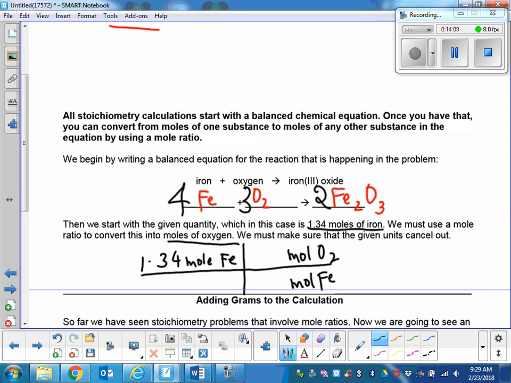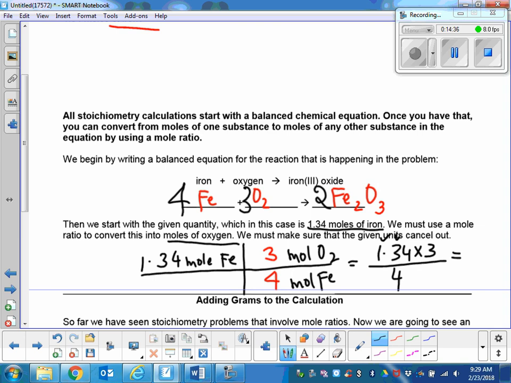When I switch substances, where do I get my numbers from? From the balanced equation, the mole ratios. Is that right? What is my number before iron in this case? 4. What is my number before oxygen in this case? 3. And what is my math? 1.34 times 3 divided by 4.